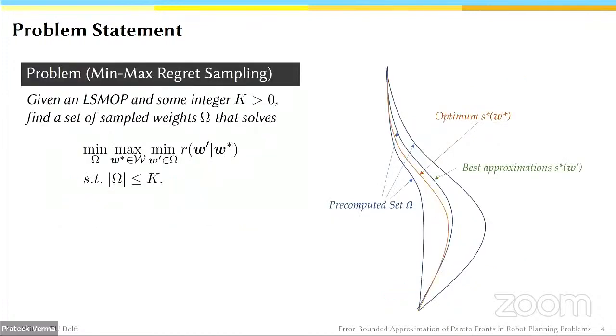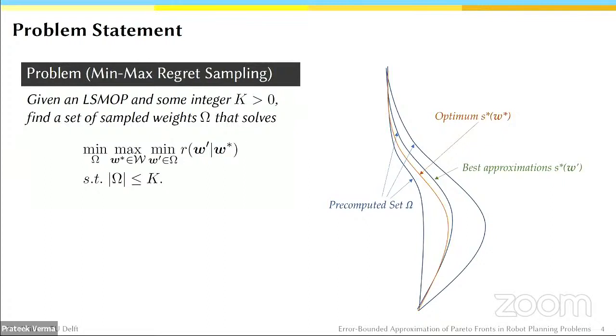With this, we can now state our main problem. So given a linearly scalarized multi-objective planning problem and some budget K, we want to solve this nested optimization problem. So let's break it down. We start in the innermost optimization where we are given a pre-computed set of samples and the corresponding pre-computed trajectories or solutions that's shown in blue. And we're given some other weight where we want to approximate the corresponding optimal solution.